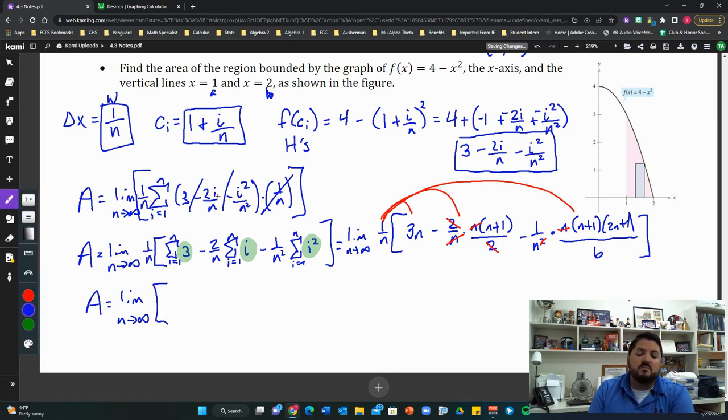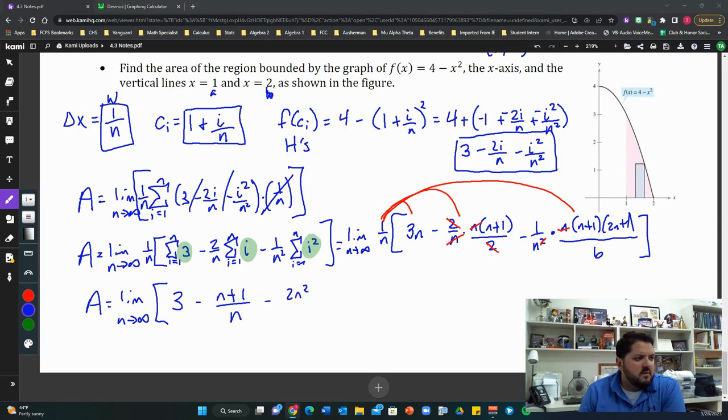3n times 1 over n would actually just reduce down to 3, so just the constant. And then minus, so inside, all that's left in this second term is n plus 1 over n. All right, and then for the last guy, so a minus, but 1 is not going to change anything, my numerator is just those binomials, so I'm going to go ahead and multiply those out.